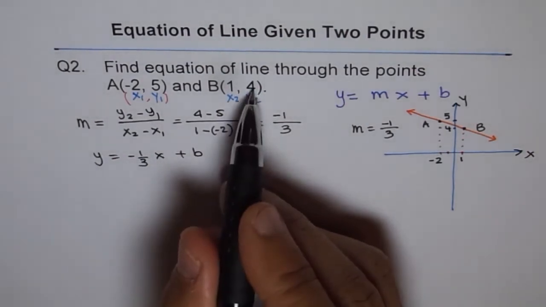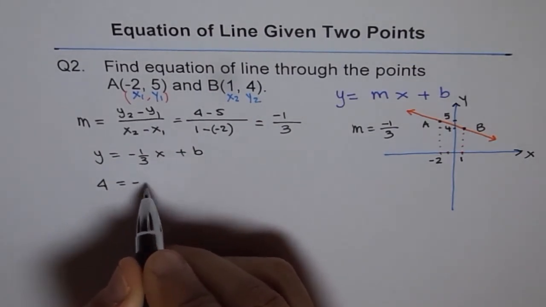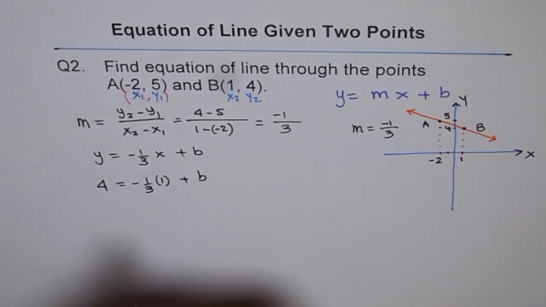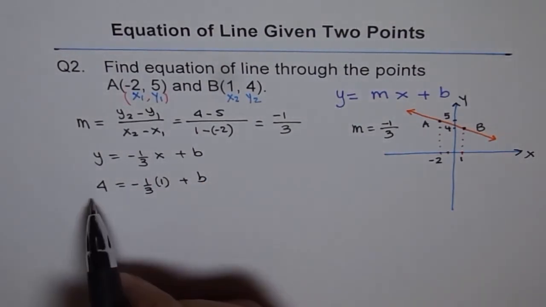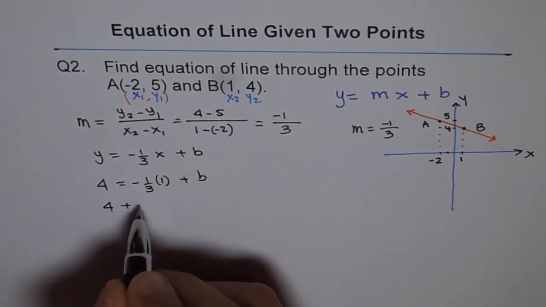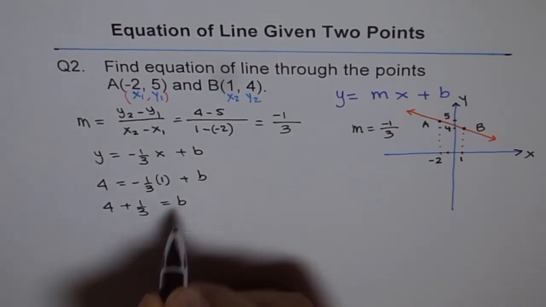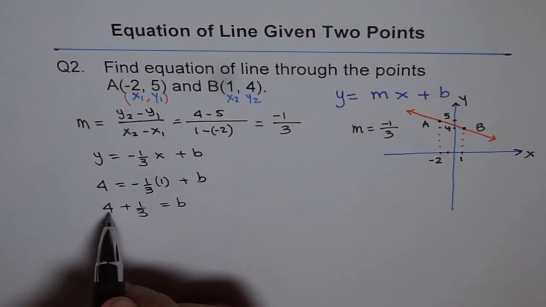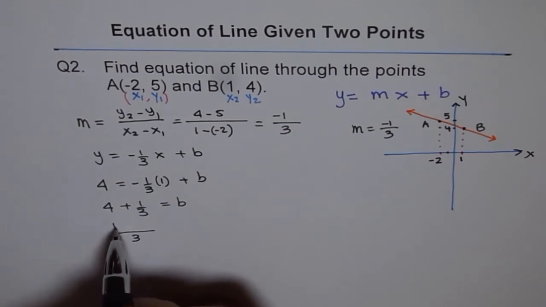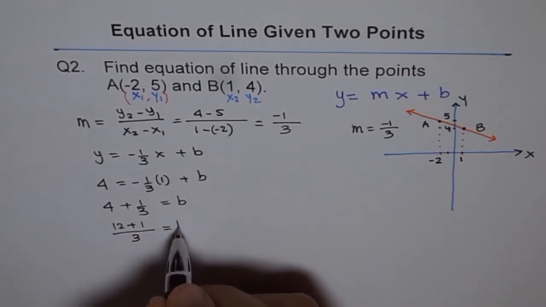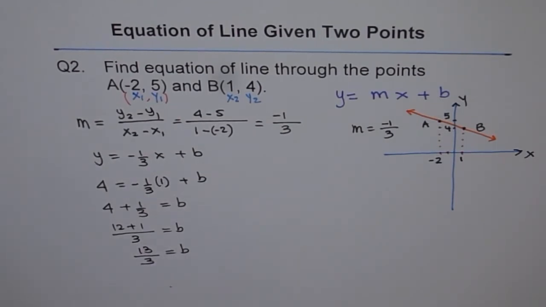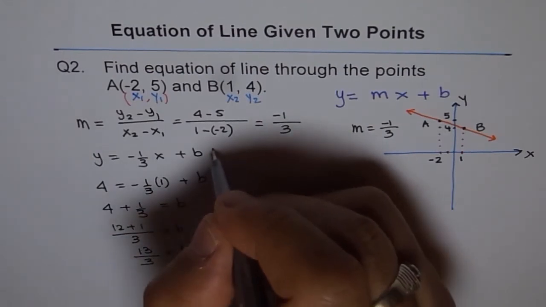So 4 = -1/3 times 1, plus b. Rearranging, 4 plus 1/3 equals b. Let's make a common denominator of 3. 4 times 3 is 12, 12 plus 1 is 13, so 13 over 3 equals b. We get the value of b as 13 over 3.